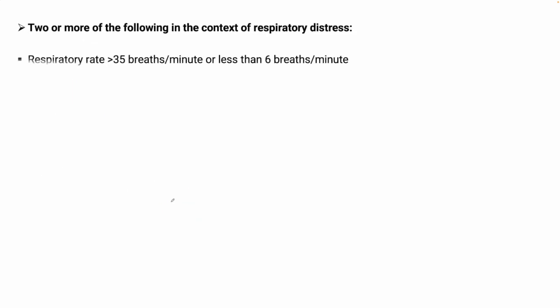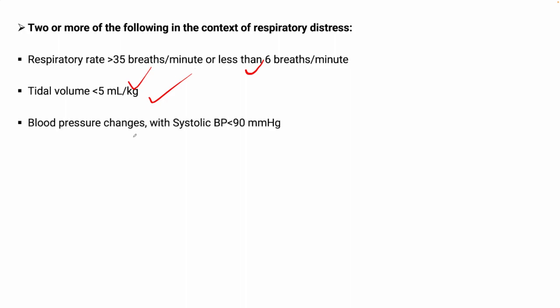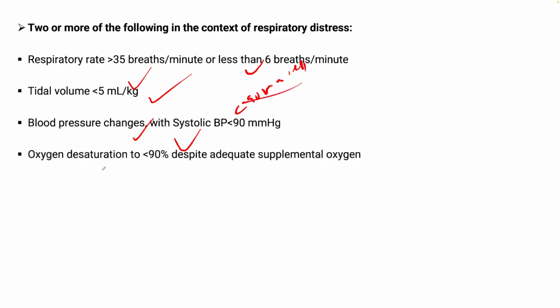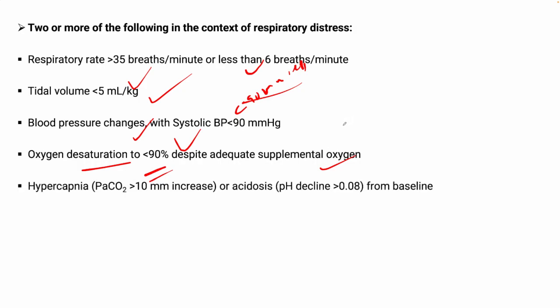Now more reasons, like respiratory rate greater than 35 or less than 6 breaths per minute, tidal volume less than 5 milliliter per kg. Blood pressure changes are there where the systolic pressure is less than 90 mm of Hg, or oxygen desaturation, that is less than 90, although you are providing supplemental oxygen and still the ratio is low, then you should intubate.